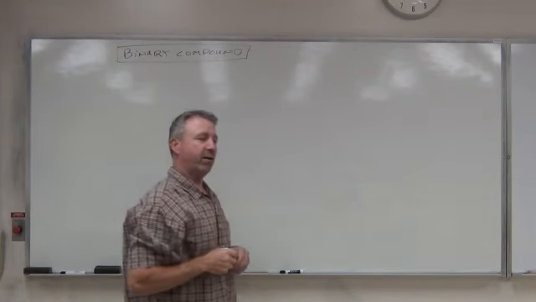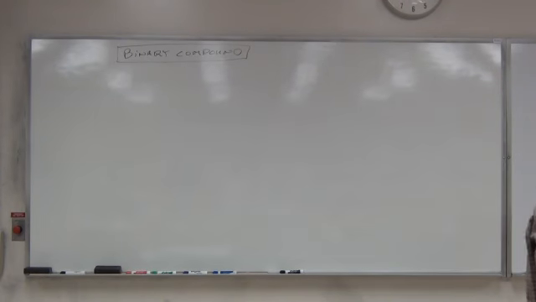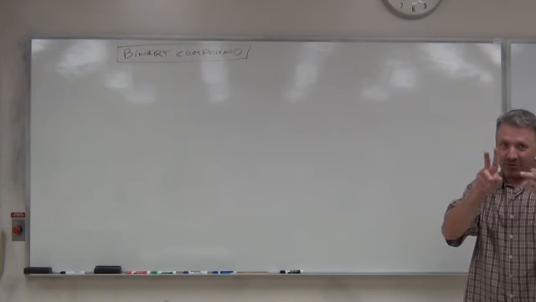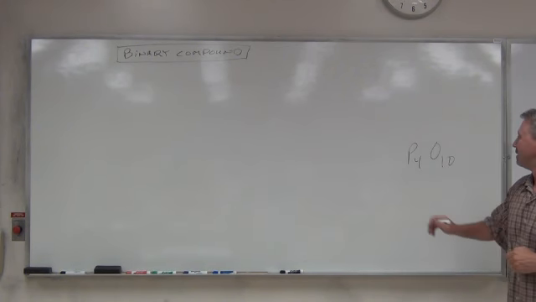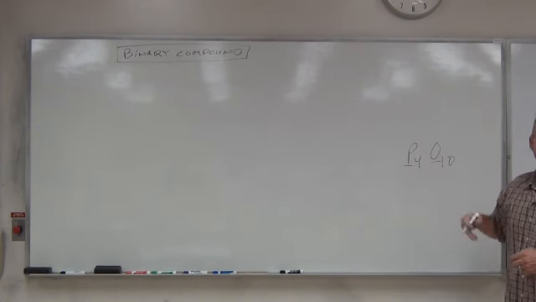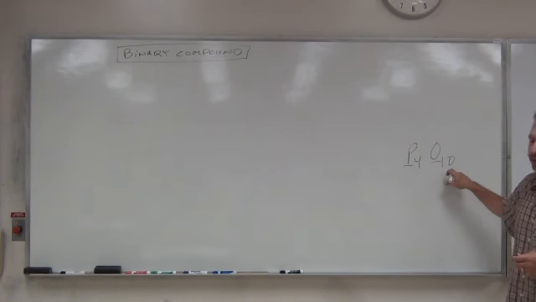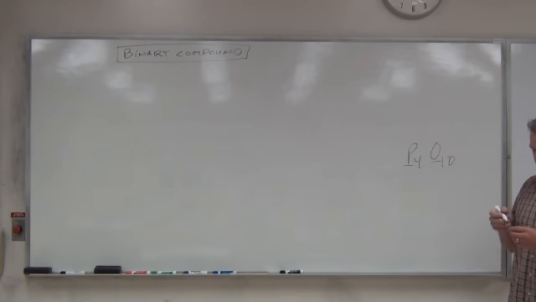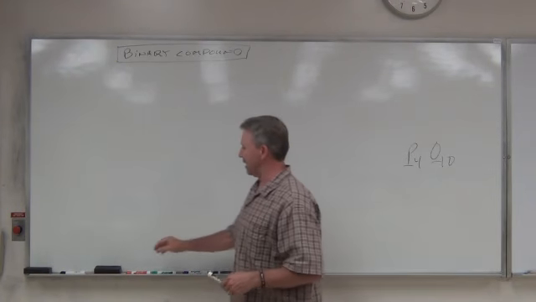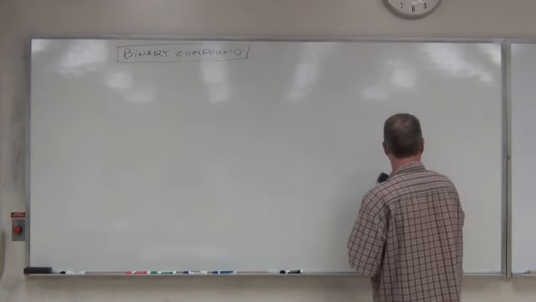And remember, binary means 2, but in this case it means 2 types of elements. Okay? You can have 10 atoms, still a binary compound, if there's only two types of them. P4O10, capital, capital, this is still a binary compound despite the fact that it has actually 14 atoms. Okay? So, first question we're going to ask is binary compound.